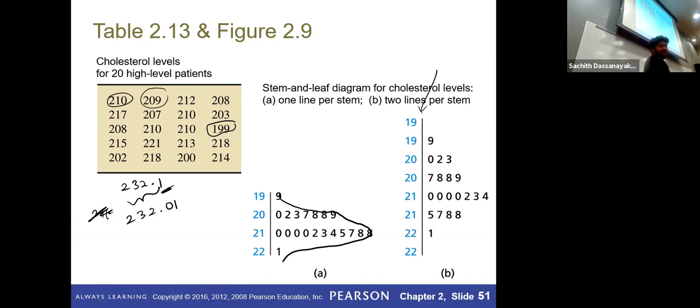So you can see the peak is somewhere here because it has more numbers than others, which means in class 21 the peak is here. Then using this shape, it's hard to identify whether this is a skewed one or a symmetric one. So this you can do.